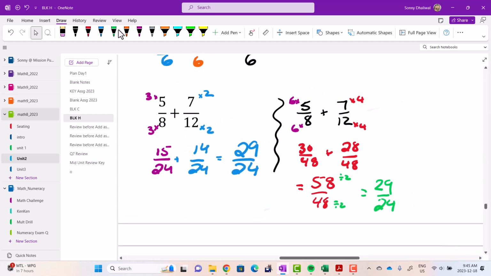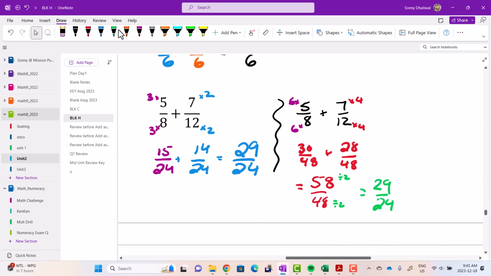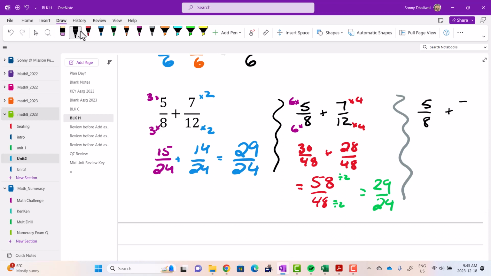So for example, on this question here, if I had 5 over 8 plus 7 over 12, before we can add, the goal is just to make the bottoms the same. We would like to do it with the smallest number possible, but essentially we just need the bottoms to be the same. So what if you just multiply by the opposite one, it will work 100% of the time.